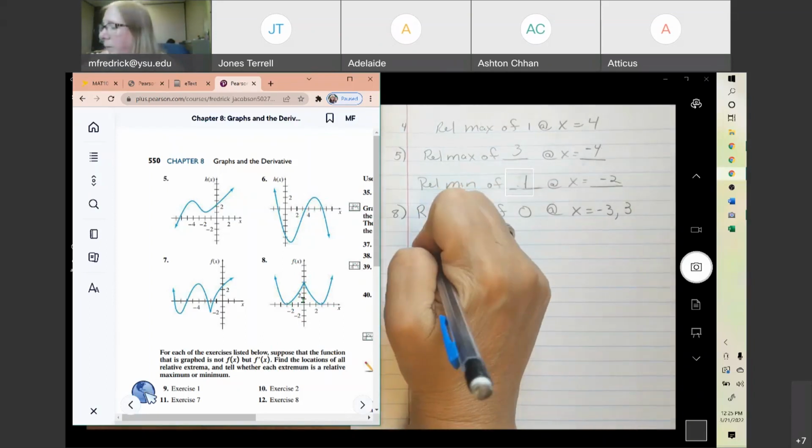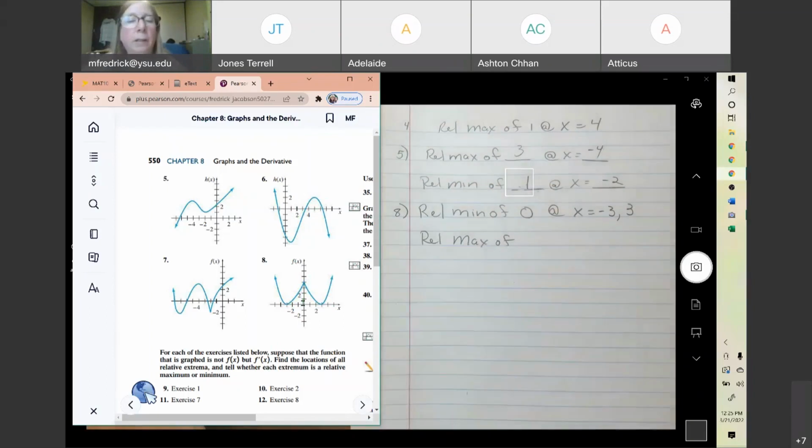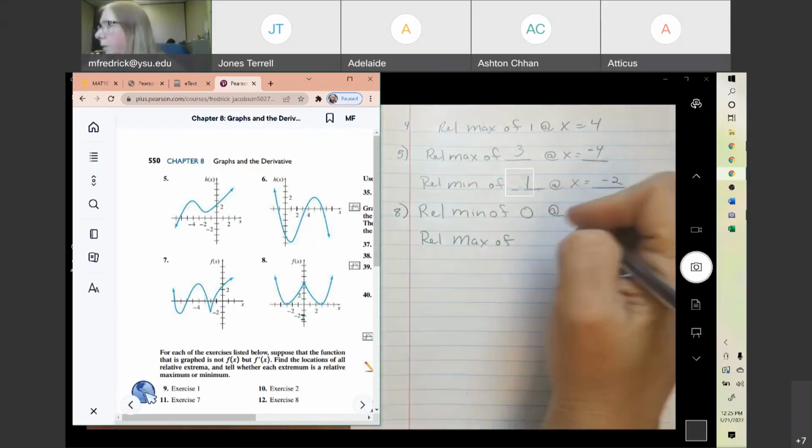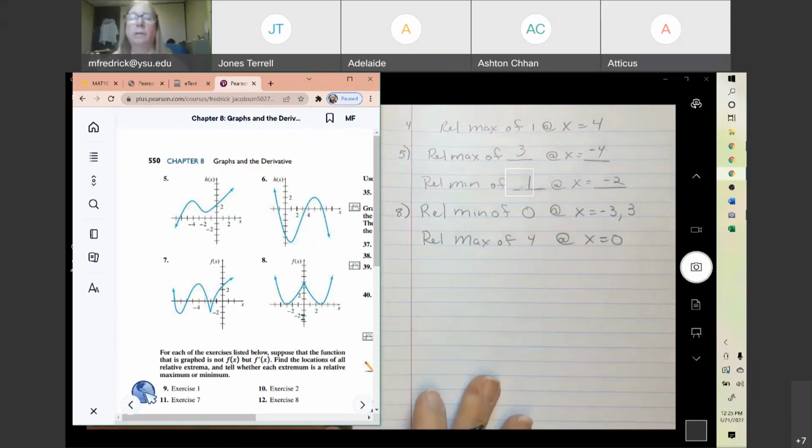So it would be a relative max of 1, 2, 3, 4 at x equals 0. Any questions on that? Okay.